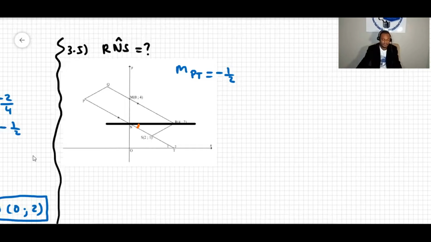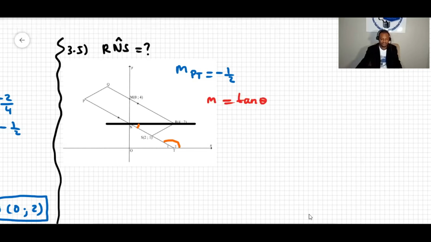Now, what else do we know then? If I need to find this angle, why am I saying that? Because if we can find this angle, we can find that other angle here. We can find this angle by calculating tangents, because it's given that the gradient m is equal to tan theta.